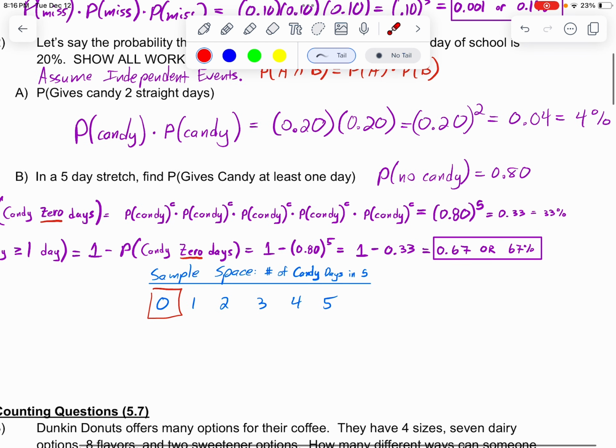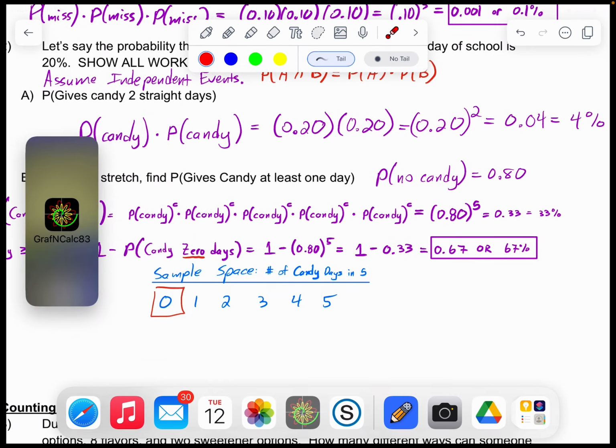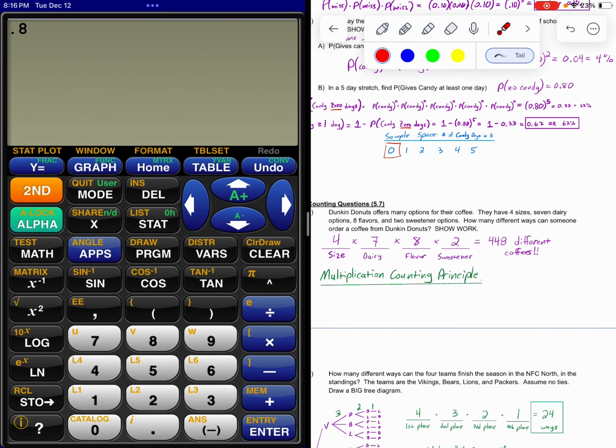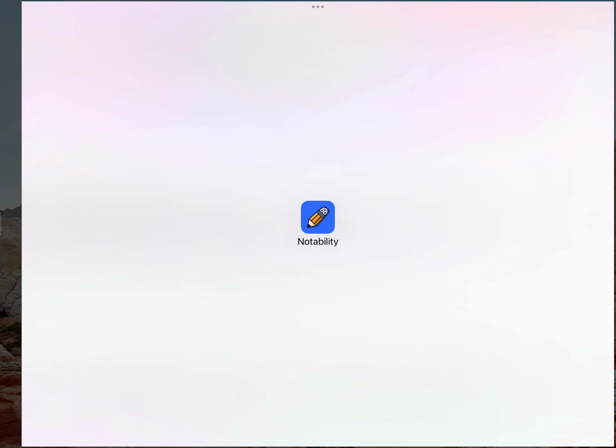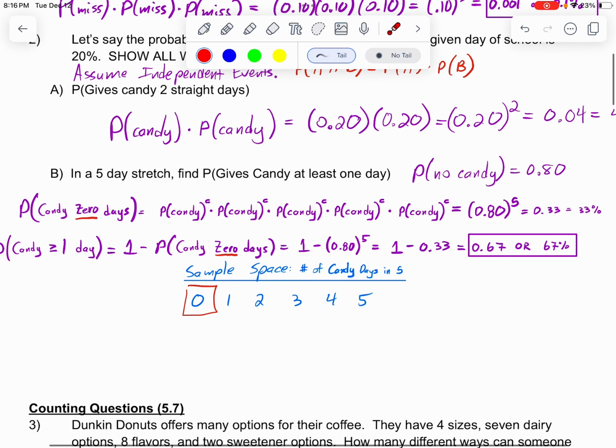Now, I did round this a little bit, in full disclosure: 0.80 to the 5th power is 0.327. So I rounded it to 33. So that means the probability of this outcome right here is 33%.